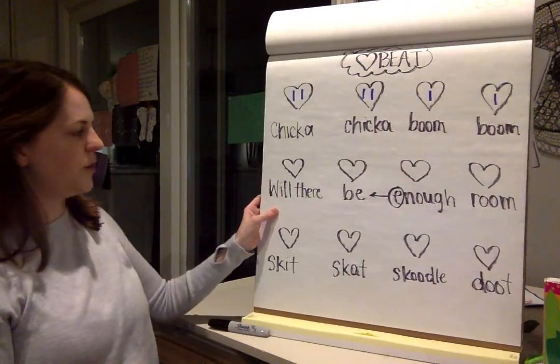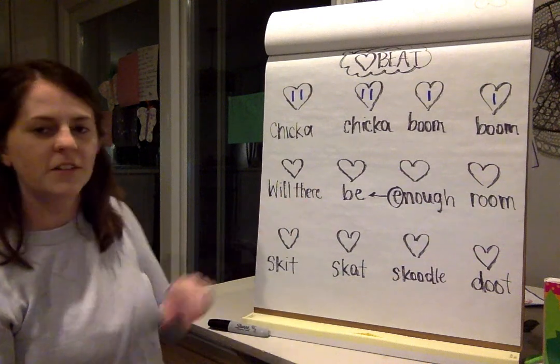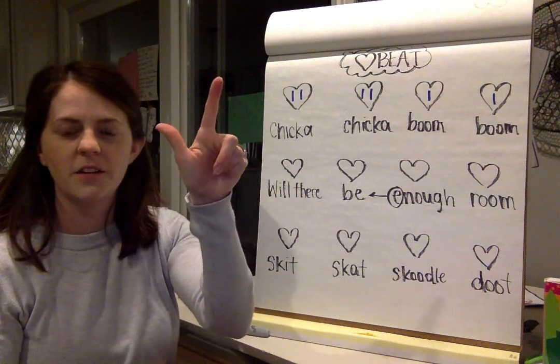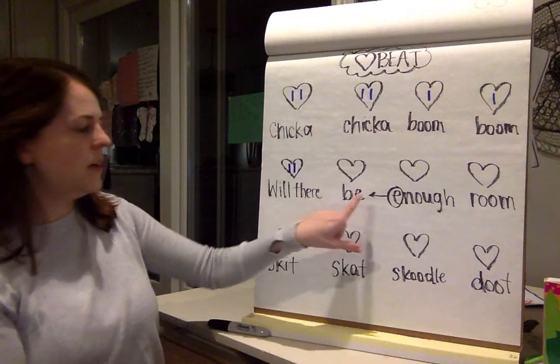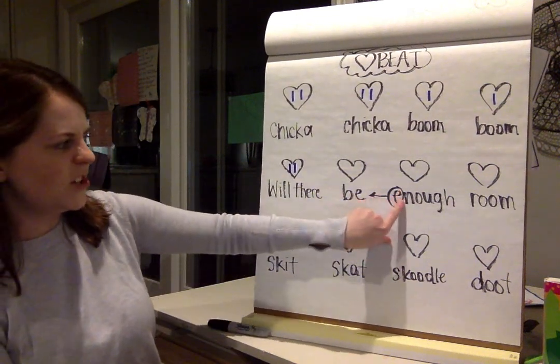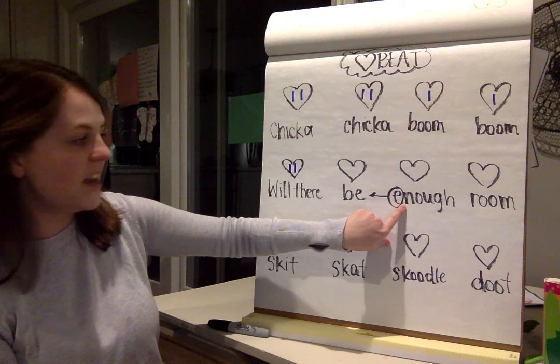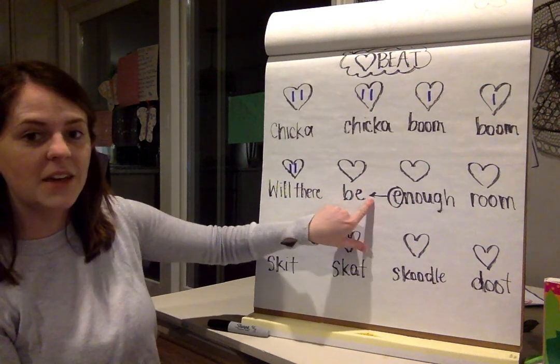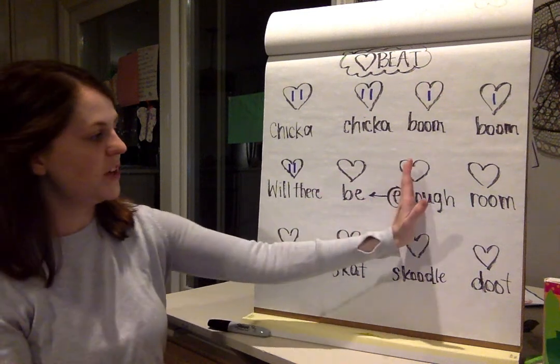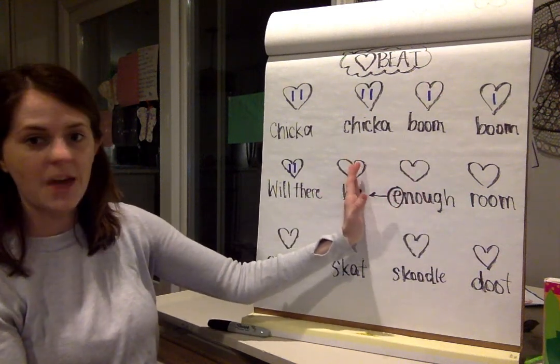Let's do the next row. Will there. Let's see. Will there. 2 sounds. Now here, if you notice, I took the E from the word enough and added it to this beat, because part of the word enough happened on that beat.